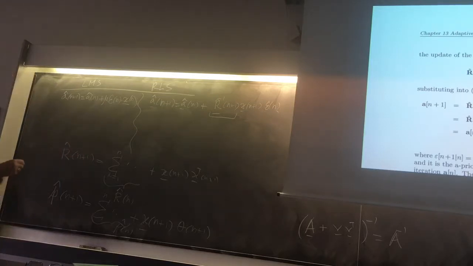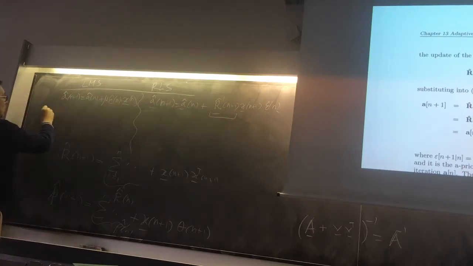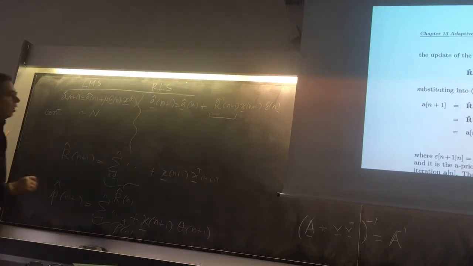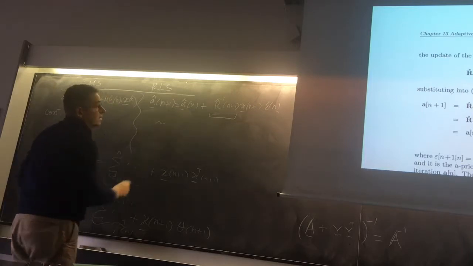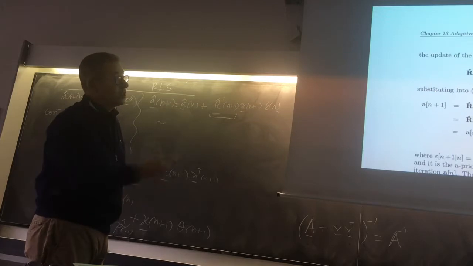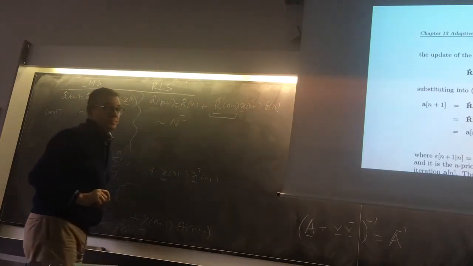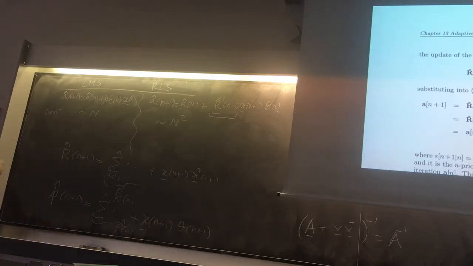Now, computational complexity. The update here costs one multiplication for every coefficient, so the cost is in the order of n. The cost here is in the order of the update of the Woodbury formula, which is on the top there. So the cost is n squared. Now, time for convergence.